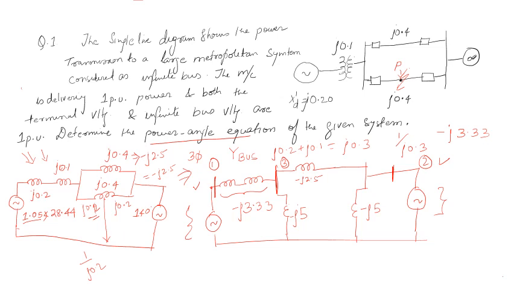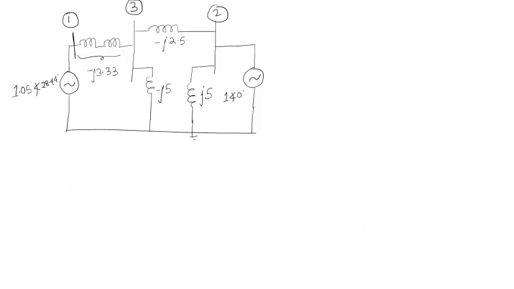It is simply a transmission point. So we'll first frame the Y bus matrix from this, and then we will do the further parts. This is the Y bus network which we have formed. Next is that Y bus.